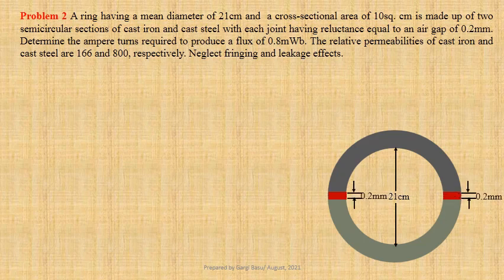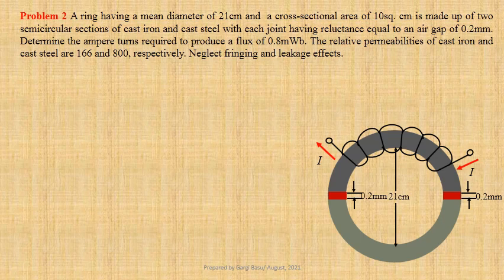Neglecting fringing and leakage effects, we have to determine the ampere turns required to produce a flux of 0.8 milliweber. The relative permeabilities of cast iron and cast steel are 166 and 800 respectively.